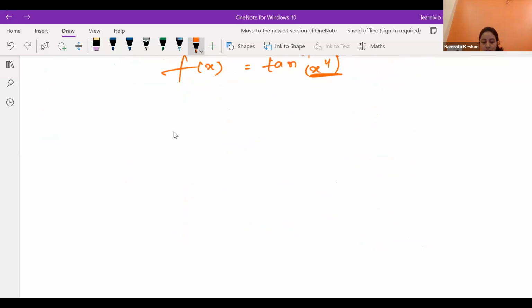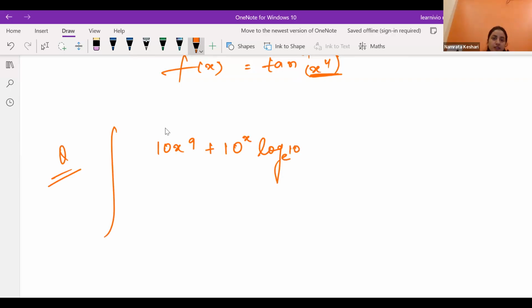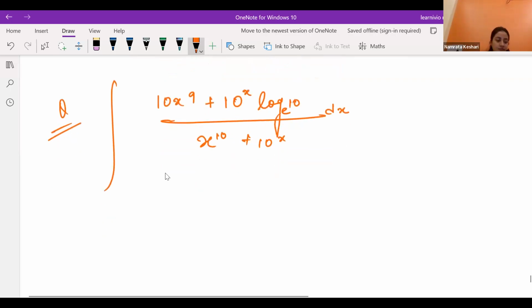Now we are done with the method of substitution. Okay, let's do this one also. Why leave one or two questions? 10x to the power 9 is there. Then 10 to the power x log 10 base e is there, divided by x to the power 10 plus 10 to the power x dx is there. Please tell me quickly.